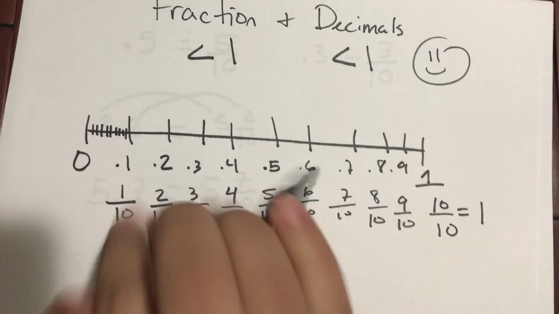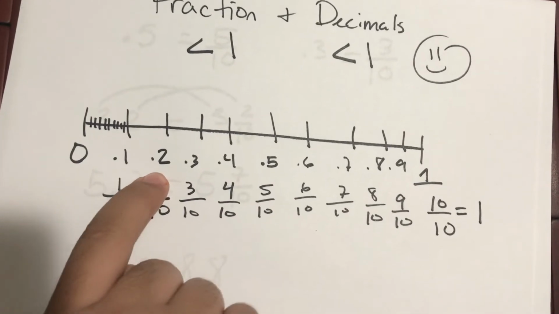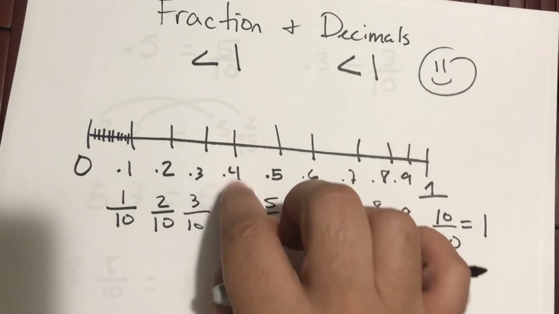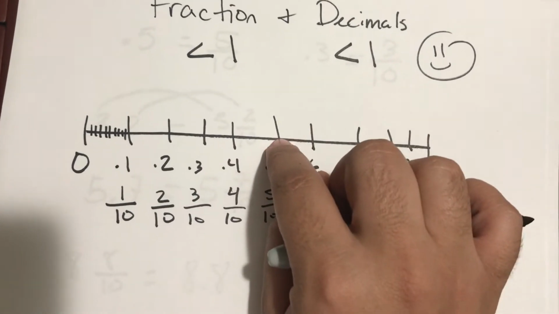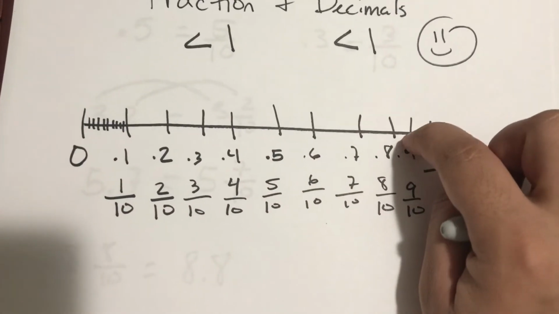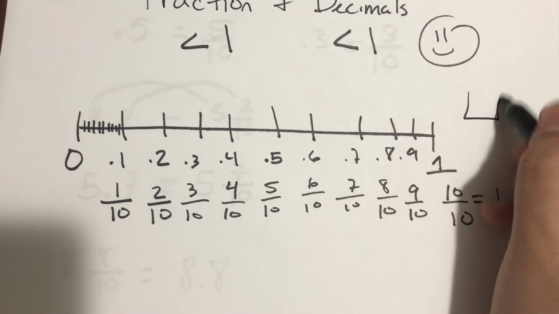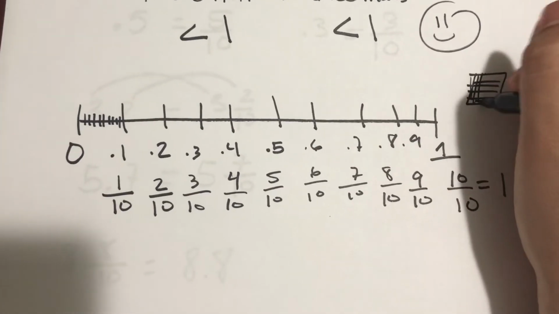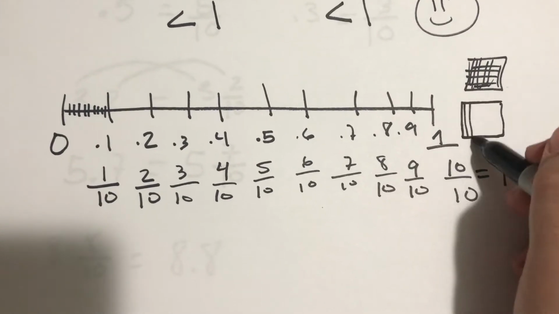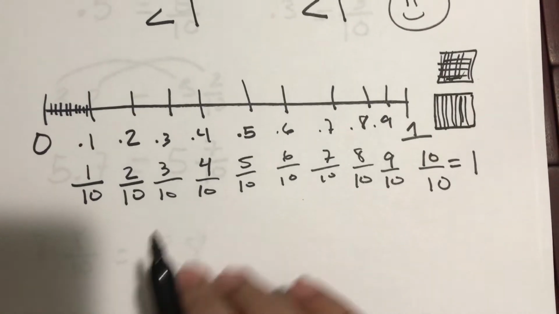And then you have hundredths, and then you have 10 hundredths, which is 1/10, 20 hundredths, which is 2/10, 30 hundredths, 3/10, 40 hundredths, which is 4/10, 50 hundredths, which is 5/10, and so on up until you get 90 hundredths, which is 9/10, and then you have 100 hundredths, which is one whole, or 10 tenths, if you guys remember that.